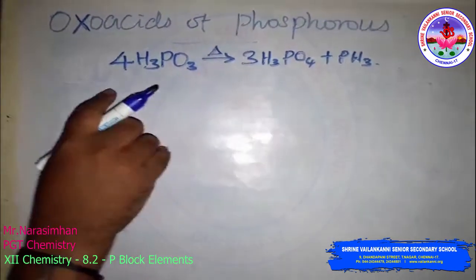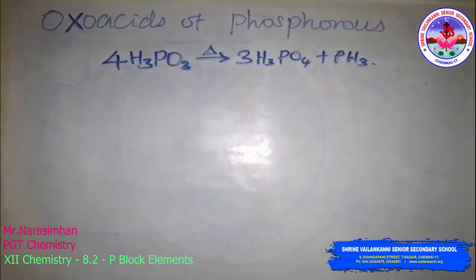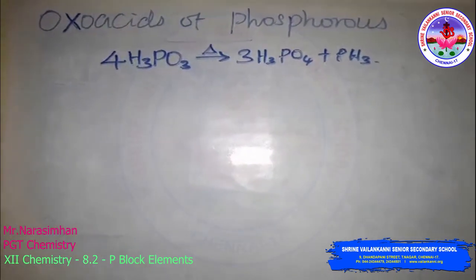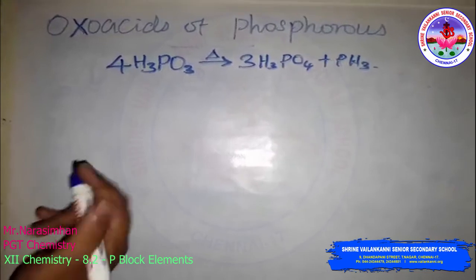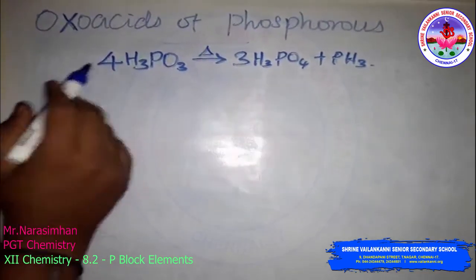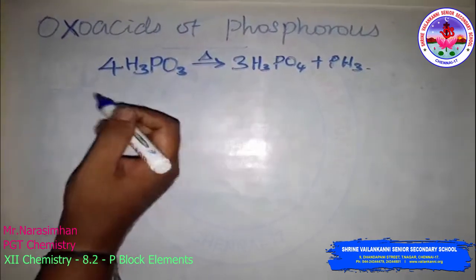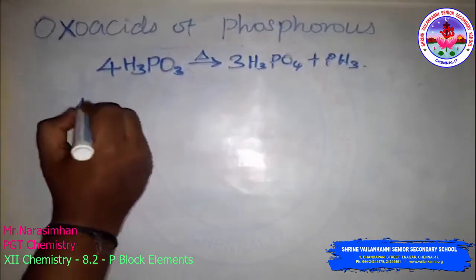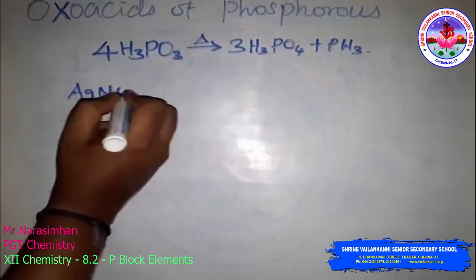Here the acids which contain one P-H bond have strong reducing properties. So hypophosphorous acid is a good reducing agent, and the two P-H bonds act as reducing agents, for example in AgNO3, that is silver nitrate.